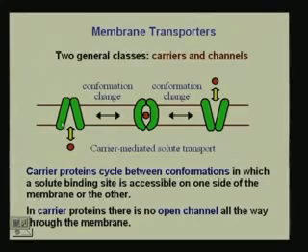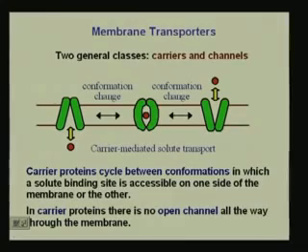So, what happens is there is a specific carrier protein that cycles between conformations which allow the solute binding on one side and release on the other side. Okay, so what actually happens is there is a specific conformational change that occurs, bringing it into a fashion that will allow an opening on one end of the membrane only.